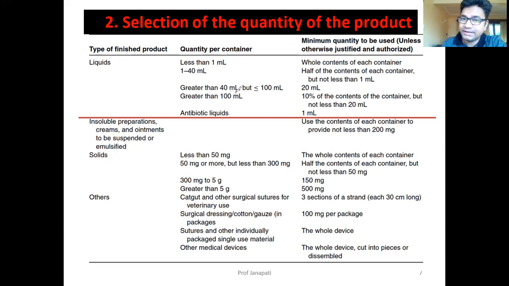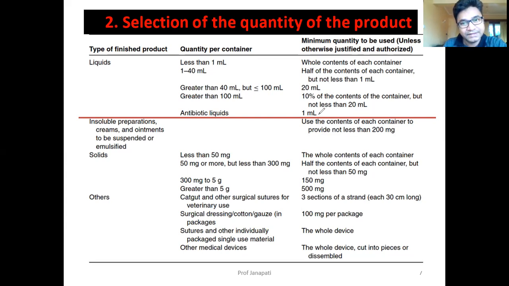Greater than 40 ml but less than 100 ml, 20 ml you can subject to the test. Greater than 100 ml, 10% of the content you need to take. For antibiotic liquids, 1 ml.